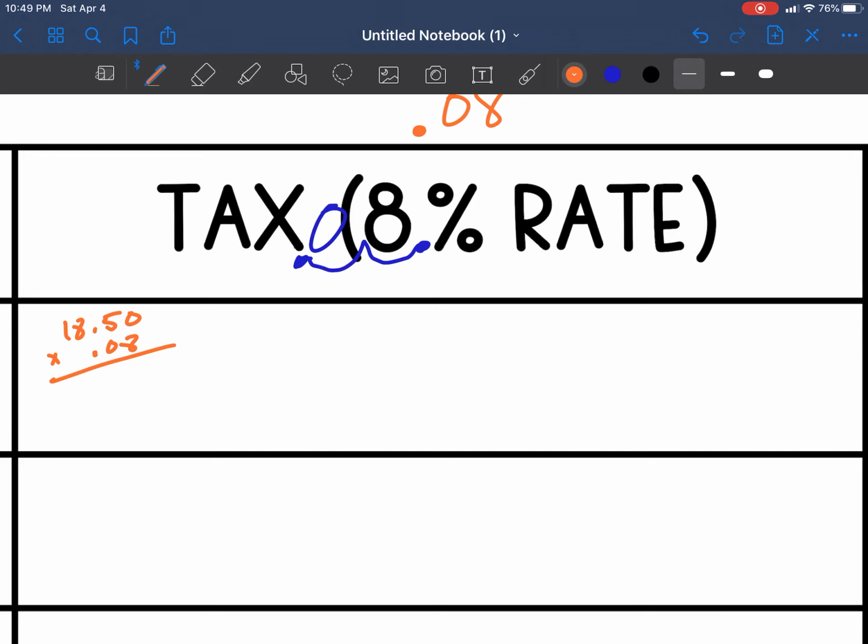And all it is is multiplication. 8 times 0, 0. 8 times 5, 40. 8 times 8, 64 plus 4, 68. 8 times 1 is 8 plus 6, that's 14. We have how many decimal places we're going to add? 1, 2, 3, 4. So our tax will be $1.48.